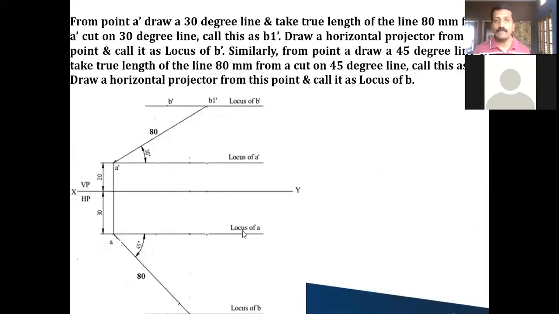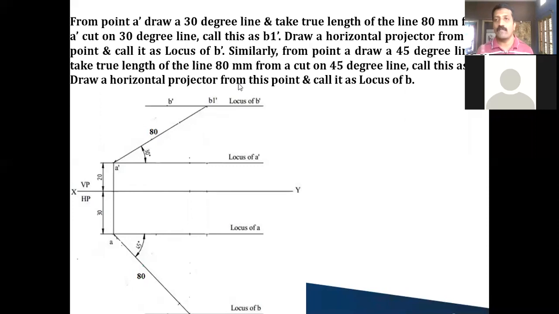Now the second sentence: he says the true length of the line we know is 80 millimeter, and he has given the true inclination theta 30 degree and true inclination phi 45 degree. So after that, what you have to do: from A dash, you draw a 30 degree line.